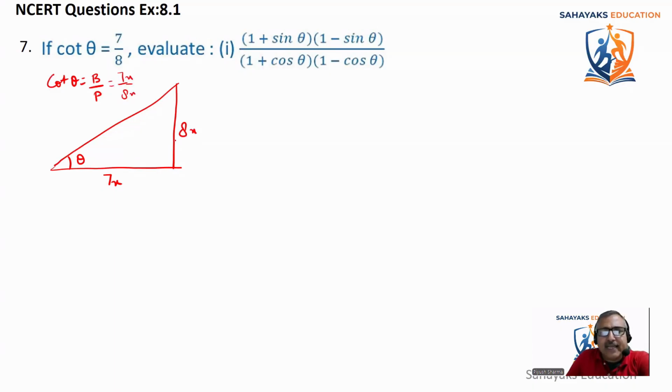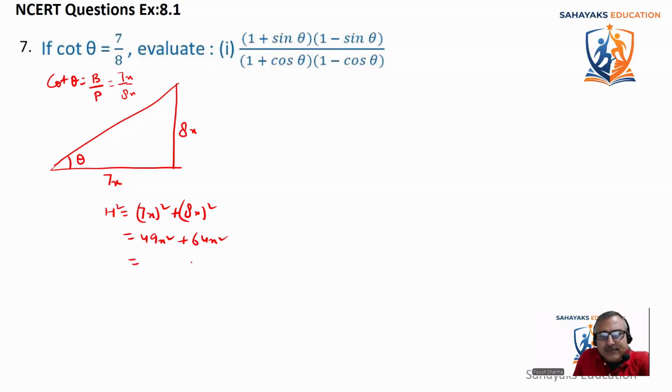Now, if this is 7 and 8, what is the hypotenuse? So let's find out the hypotenuse. Hypotenuse square is equal to 7x square plus 8x square. So it comes out to be 49x square plus 64x square.